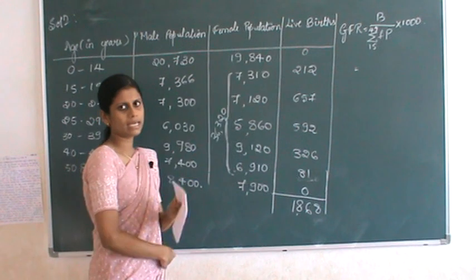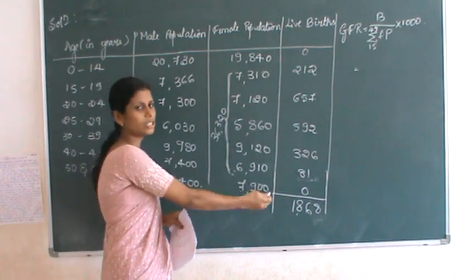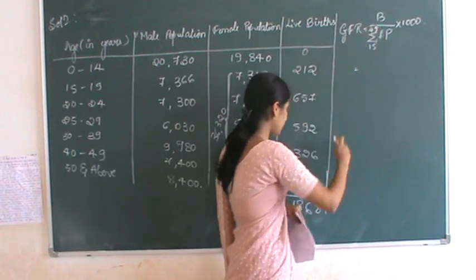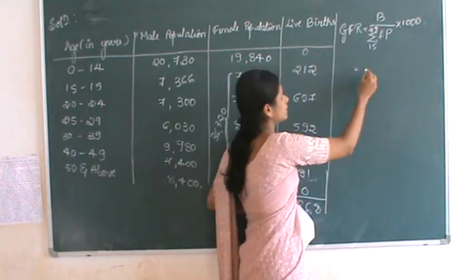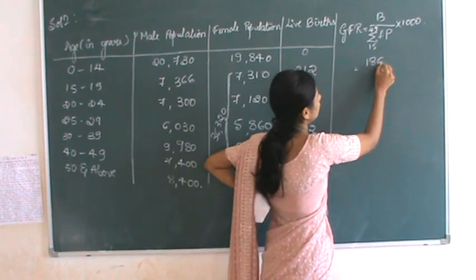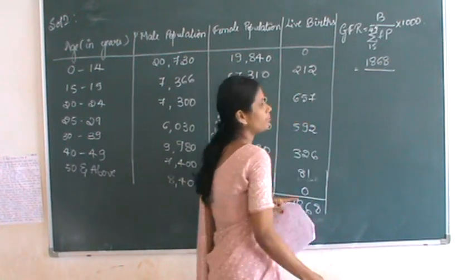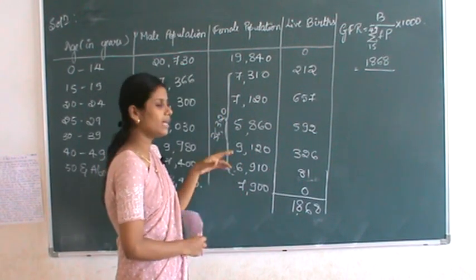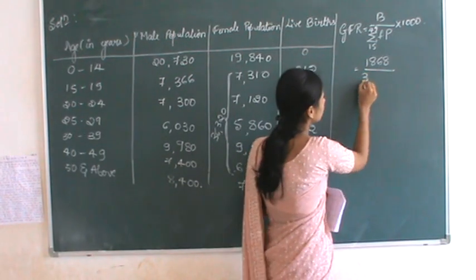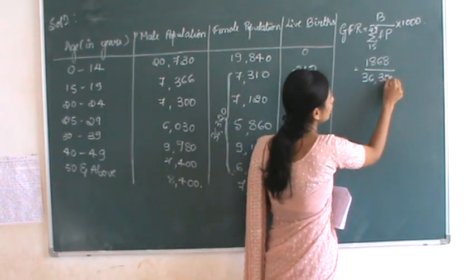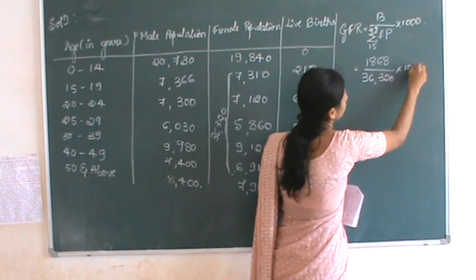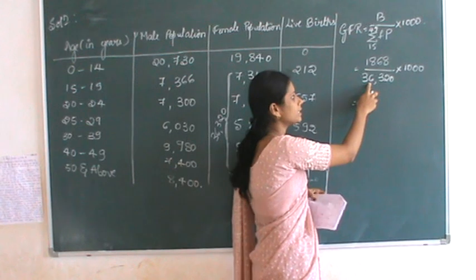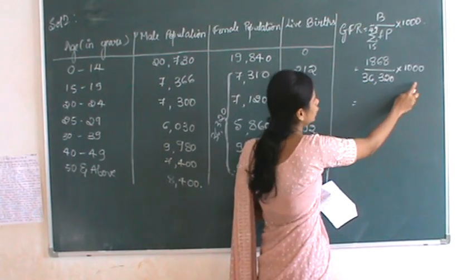Now we can easily apply the formula. Two pieces of information are needed, and we have calculated both. B is 1,868 divided by the female population of childbearing age, 36,320, into 1,000.